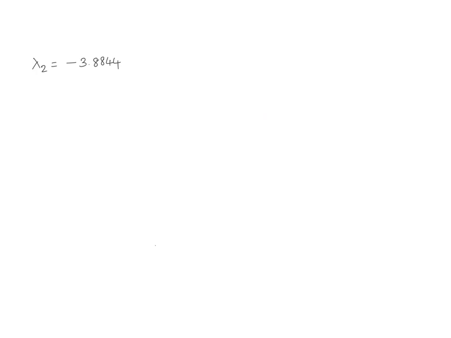Moving on to the next mode, we have lambda 2 equals negative 3.8844, and as before, this is a first order mode, so very easy to understand and analyze. I'm not even going to bother drawing the picture again.